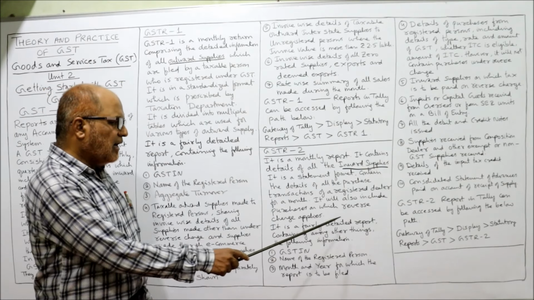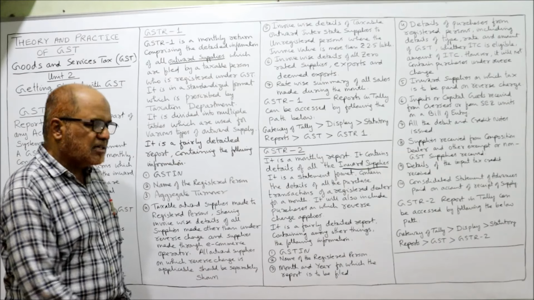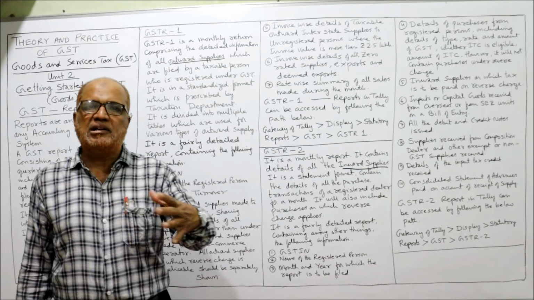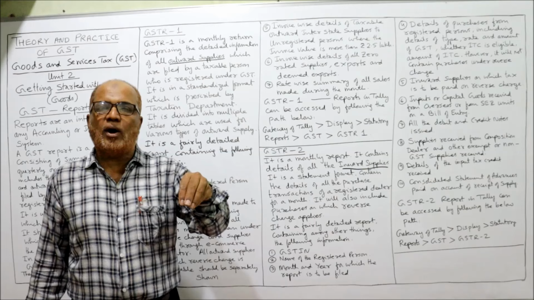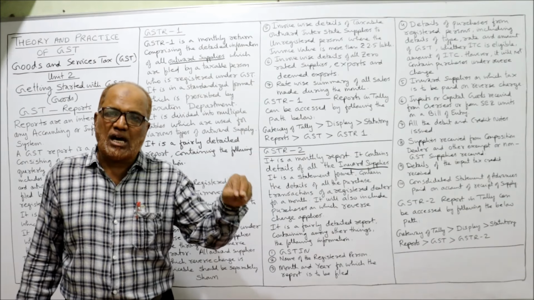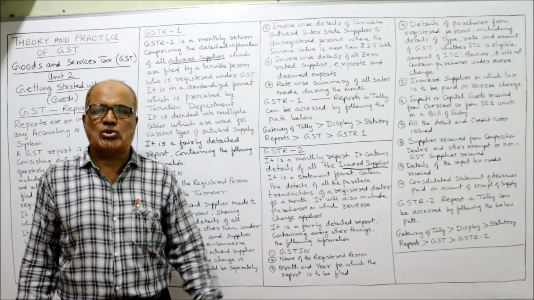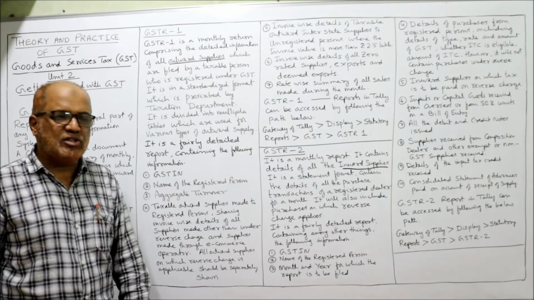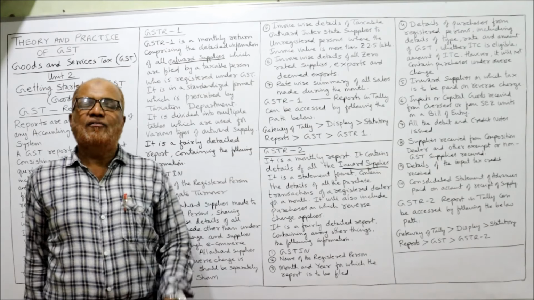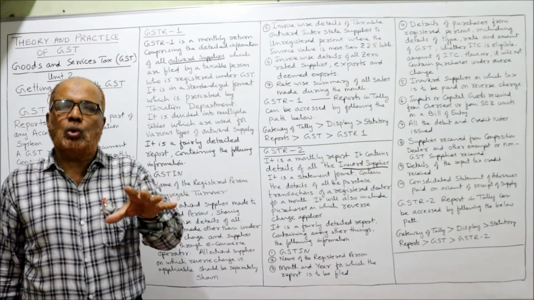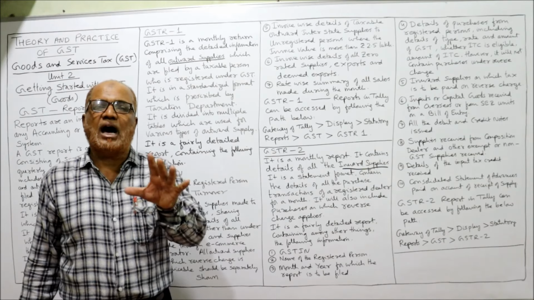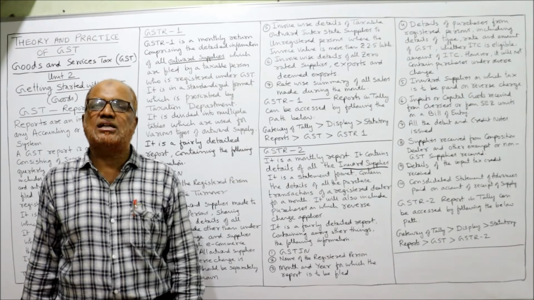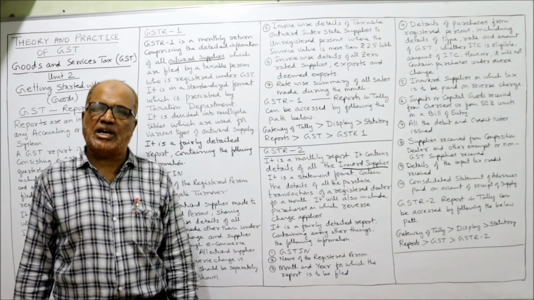It's a fairly detailed report. Some of the points in GSTR 2 are as follows. What information will be given? First of all, GSTIN. GSTR 2 must have the identification number of the registered person, the GSTIN.